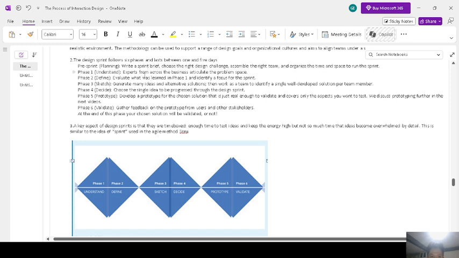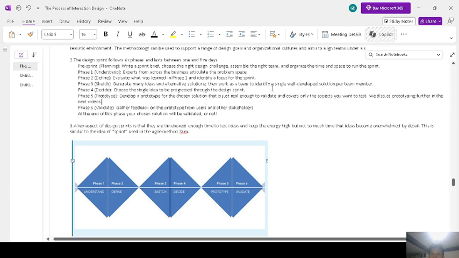First, articulate the problem space. You're trying to explain what it is that you are trying to solve in phase one, and identify a focus for the sprint. After that, you focus on the most important problem and then generate ideas and solutions.